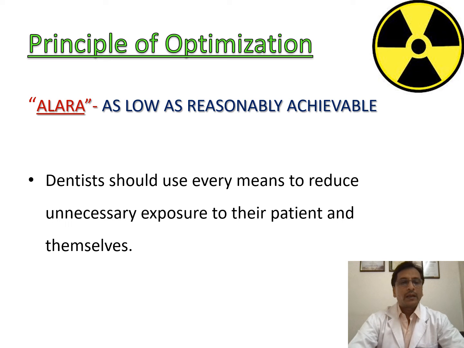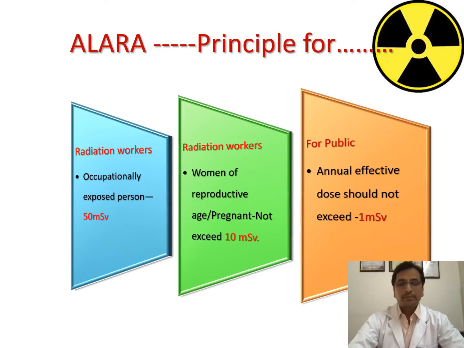So an attempt should be made every time to avoid unnecessary exposure of radiation to the patient as well as to the general public. The ALARA principle has to be followed by all the radiation workers, occupational workers, as well as the public also.